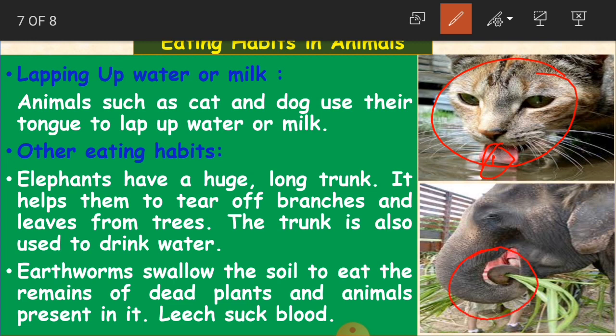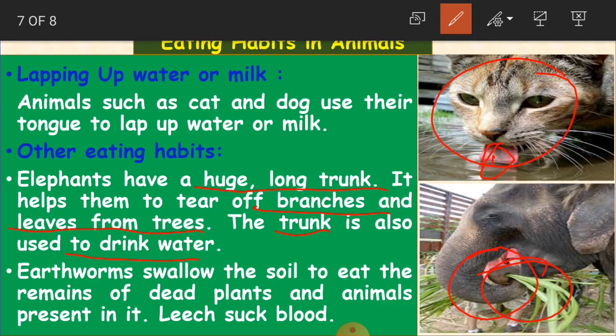The elephant uses its huge and long trunk to tear the branches of leaves from the trees. They tear the branches and leaves from the tree, and they use this as their food. And this trunk is also used to drink water.